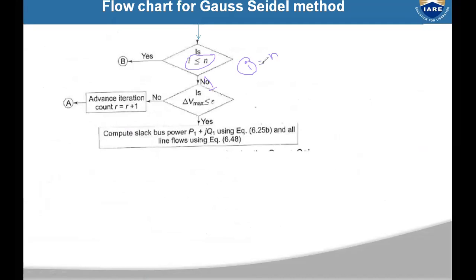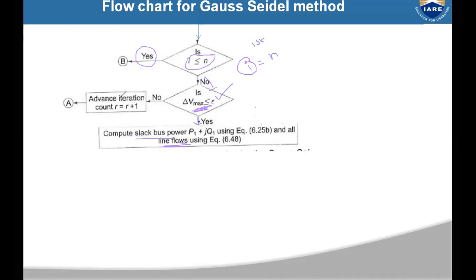If it is equal to n, that means you have calculated the voltages at all the buses in the first iteration. Then you have to check whether your calculated voltage value is within the specified limits or not. If it is within the specified limit, then you have to compute the slack bus power PI plus JQA and calculate the line flows. If it is not within the limits, then you have to go for another iteration.